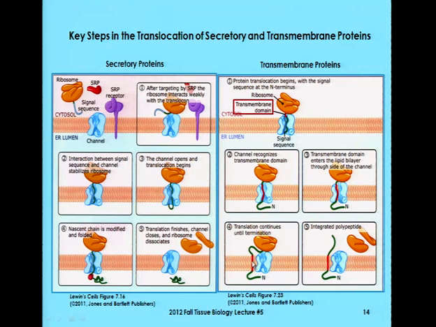So thereby it's attached to the membrane. Then the translation will continue until there's termination. And this allows integration of the polypeptide into the bilayer. So the significant difference between transmembrane proteins and secretory proteins is this presence of a transmembrane domain that ultimately will move through the channel of the ER membrane and be integrated into the bilayer.